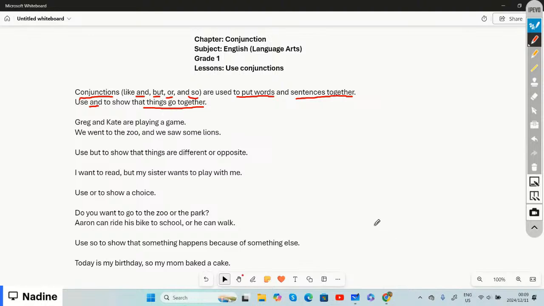If we look at examples of conjunctions, specifically with the word and, I'm going to underline where a word, a sentence, or something is joined.